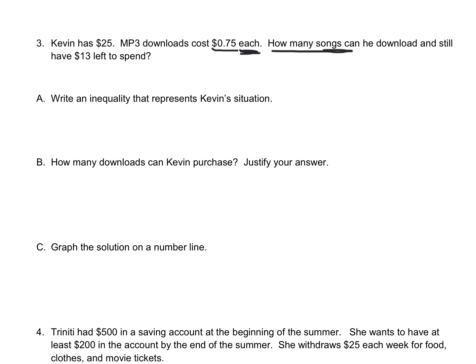There's your question. Songs, S, right? So let S equal the number of songs. And still have $13 left to spend. Okay? So we want that to be spent on something else.